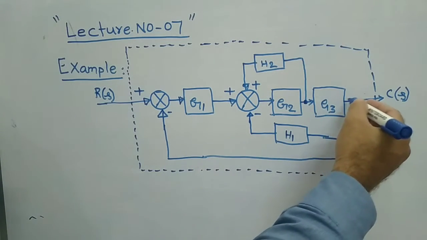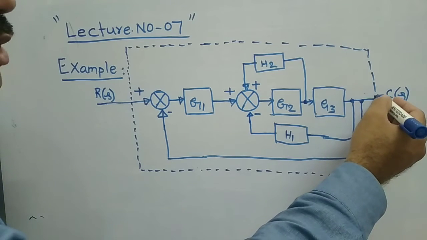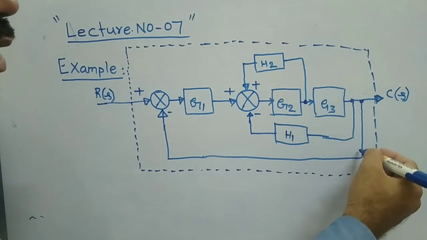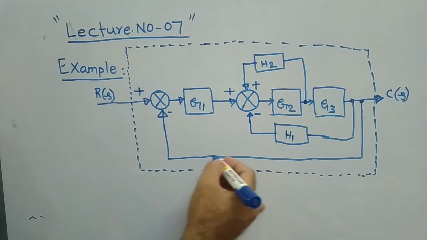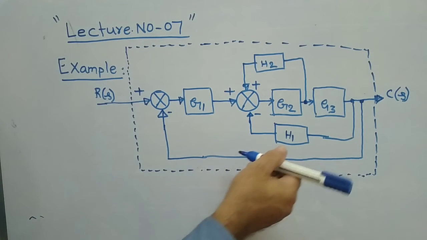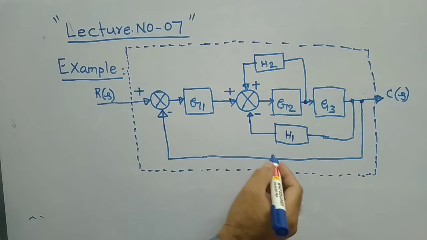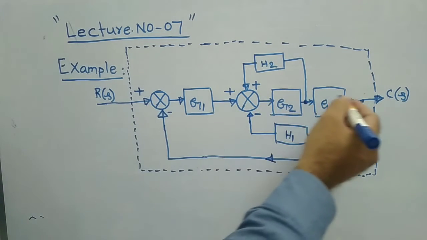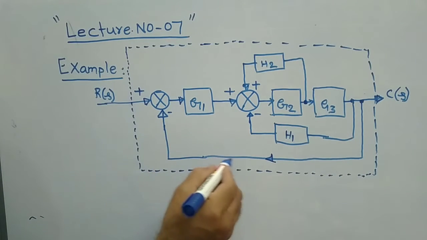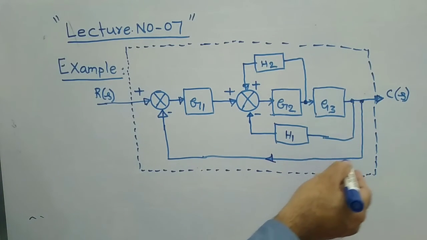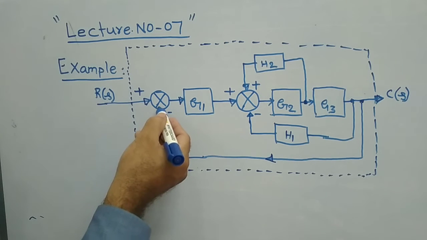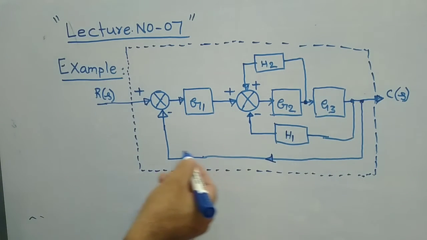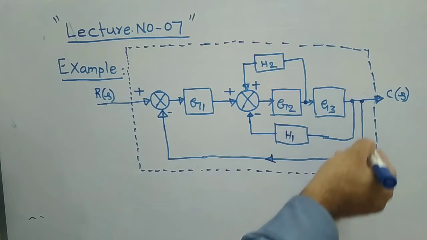This is the forward path, where the arrow mark is in forward direction. Part of the output I have taken and I am giving back as feedback with the reverse arrow mark. One loop is forming here. This part of output comes to the summing point and again goes in the forward direction, so you have one loop here.